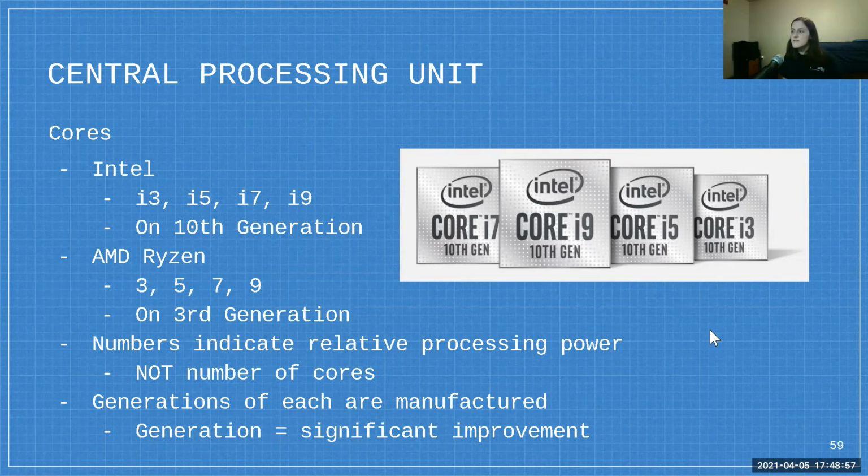Well, these numbers actually indicate the relative processing power. These are not the number of cores, and they're not the generation. You can see here that we have 10th generation Intel, which is the most current generation, and it's in all of the different stages of relative processing power. So 7 is going to be better than 5 in terms of processing power, and then a 9 will be better than 7.